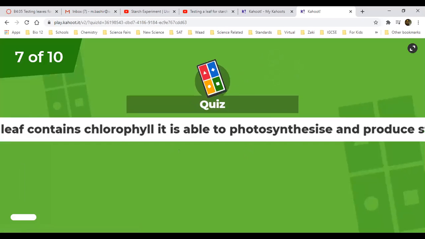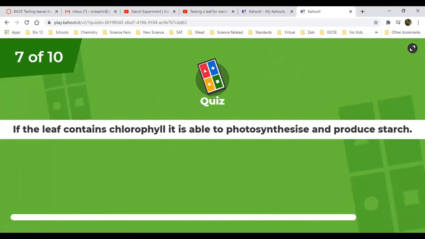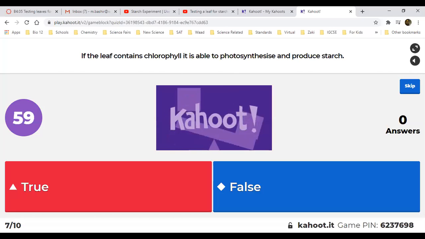Next is, if a leaf contains chlorophyll, it is able to photosynthesize and produce starch. True or false? That's a giveaway question. If the leaf contains chlorophyll, will it be able to do photosynthesis and make starch? Is this true or false? If somebody does this wrong, then it means he wasn't listening at all.